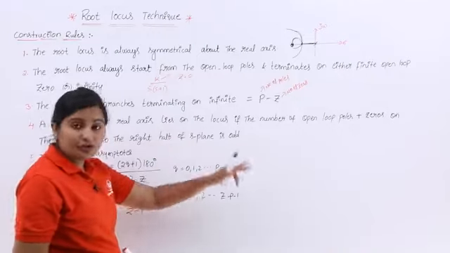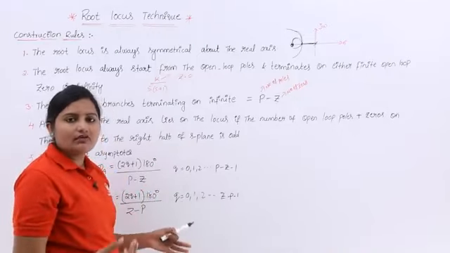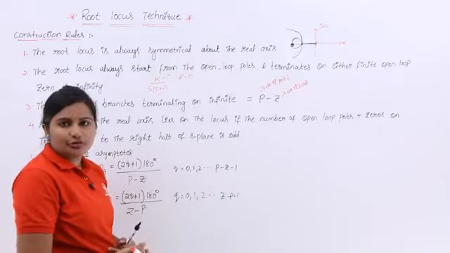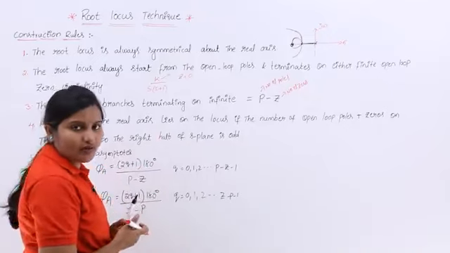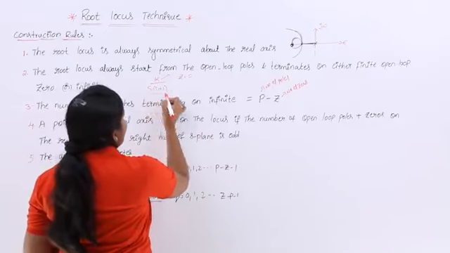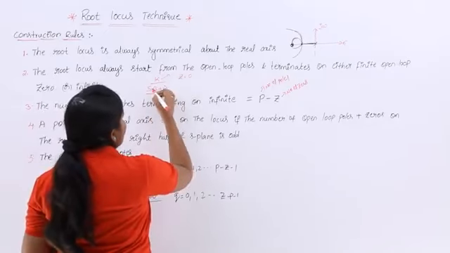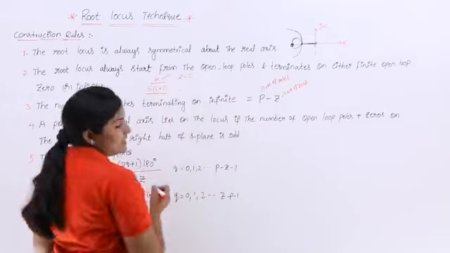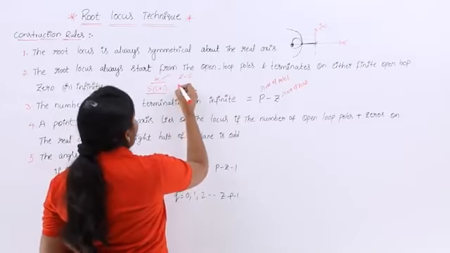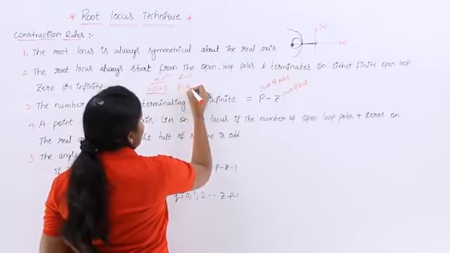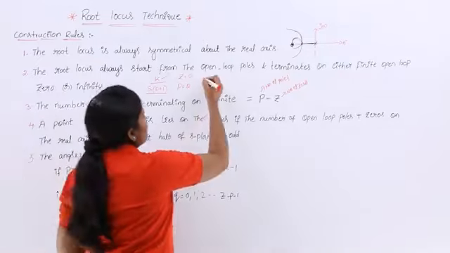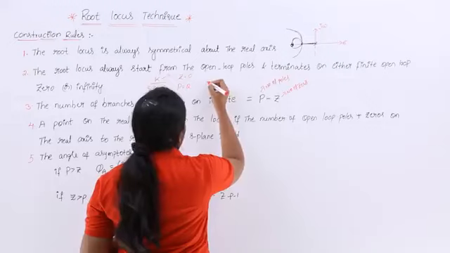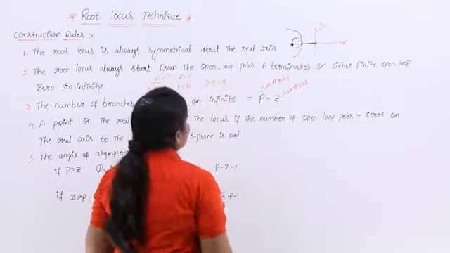If you had k into s plus 1, then s equal to minus 1 would be the zero. So the number of zeros is 0. The number of poles is s equal to 0 and s equal to minus 1, so totally the number of poles is 2. So the number of branches is 2 minus 0, which is 2.